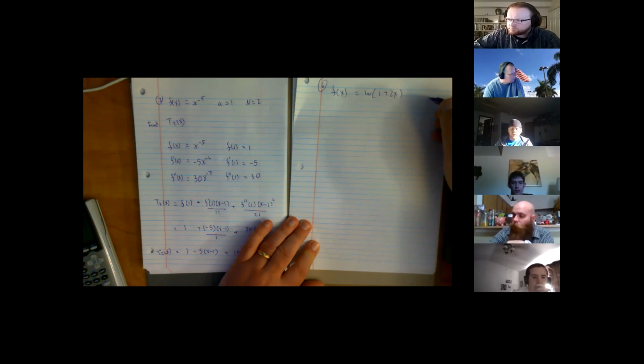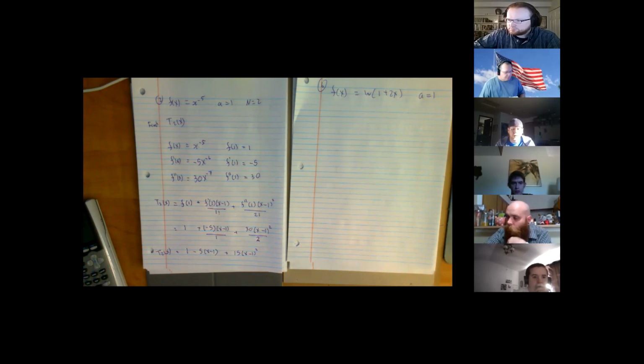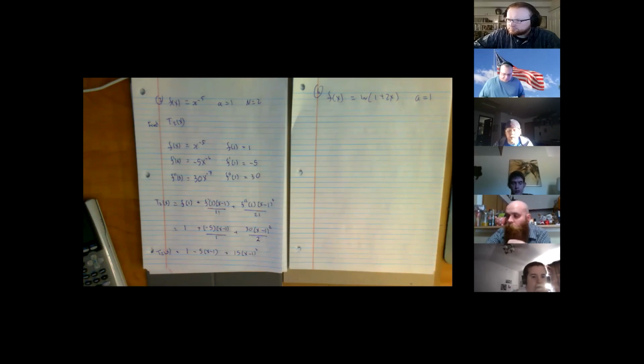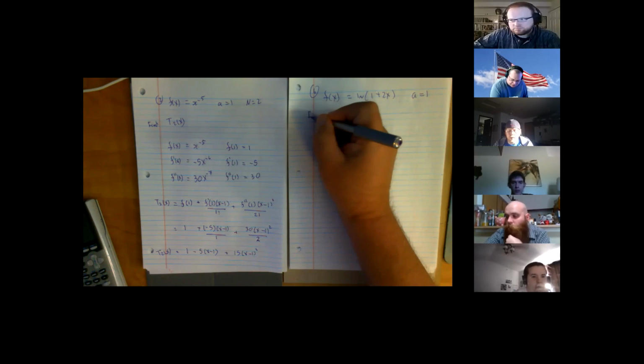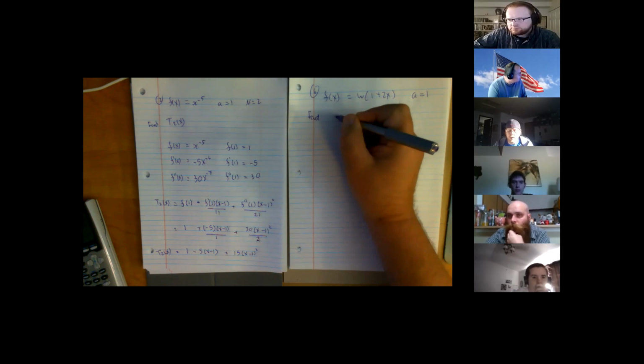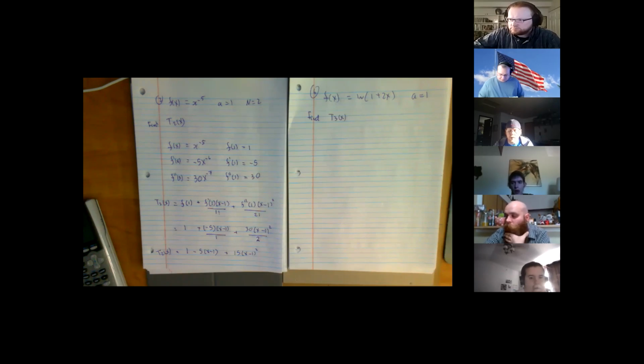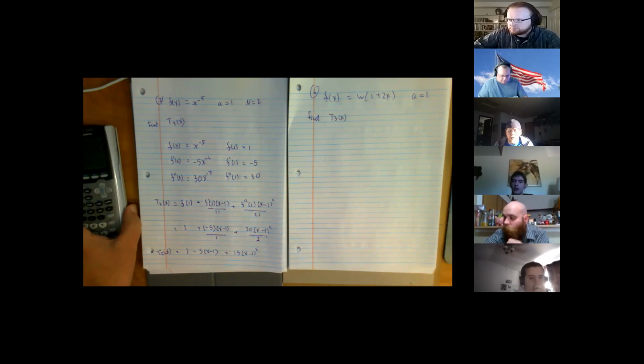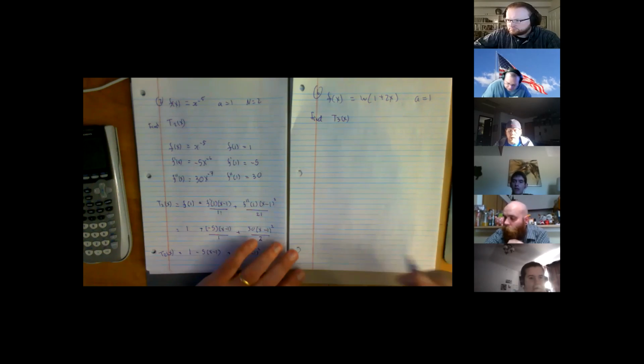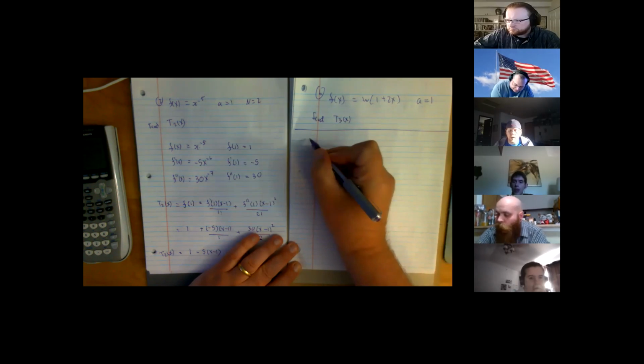There's not a lot of imagination here: either 0 or 1 seems to be the going rate for the center. And in this question we're going to find T3 of x, so that's a little bit more work. So let's say we've got the process set up.